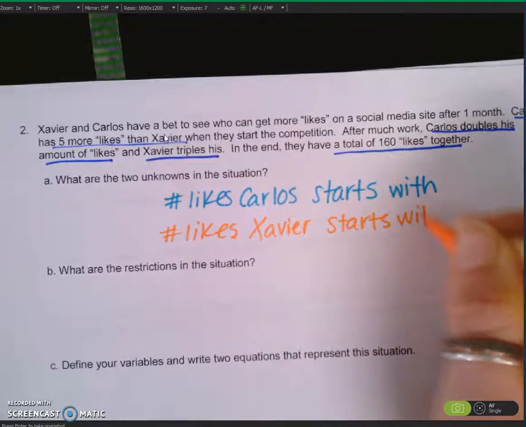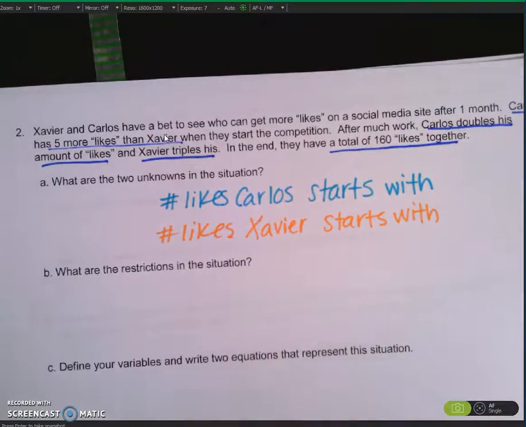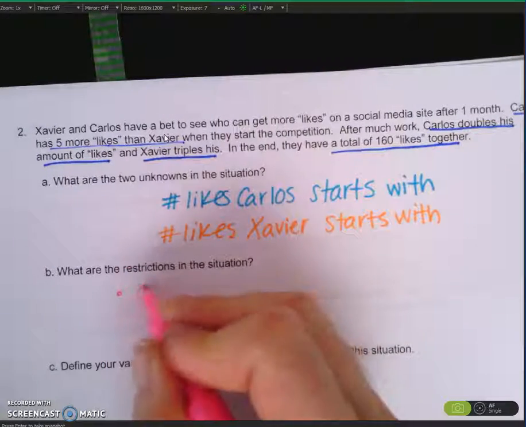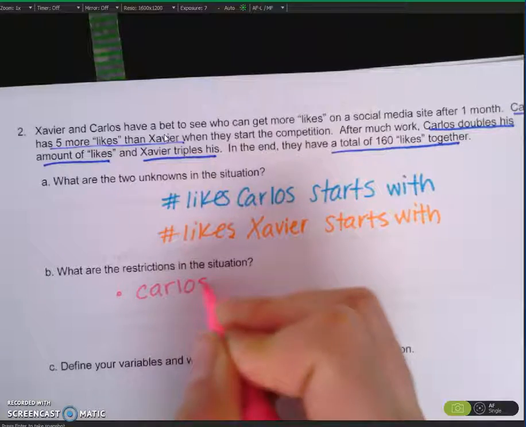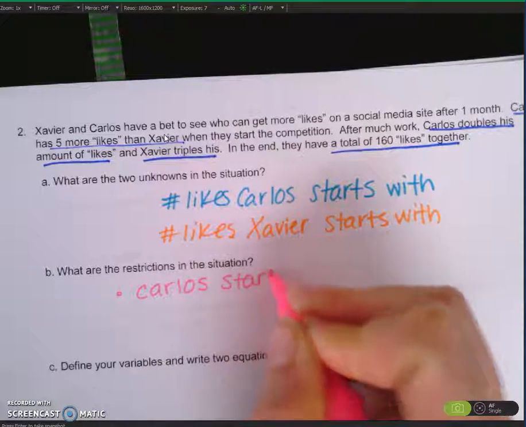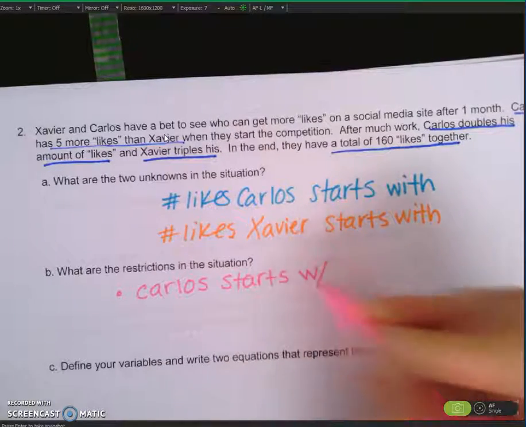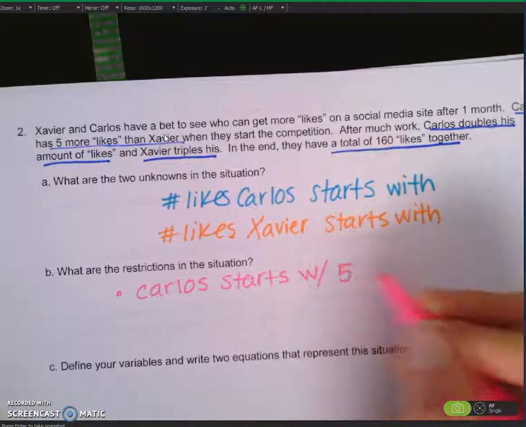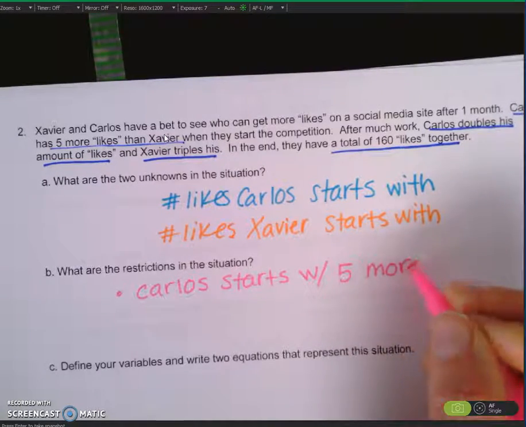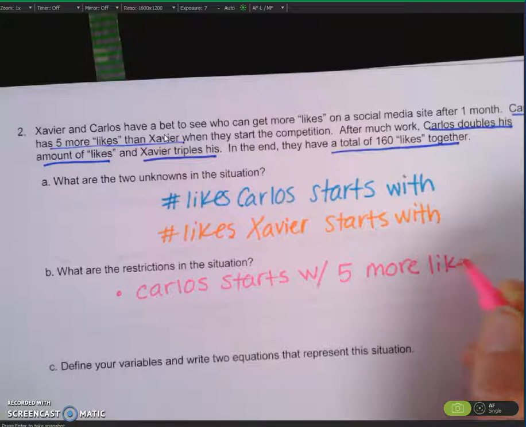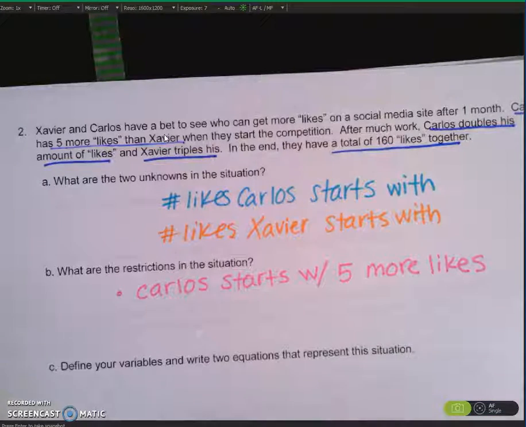Since we have 2 unknowns, we probably have 2 restrictions in this situation. One restriction is Carlos starts with how many more likes? 5 more likes. Carlos starts with 5 more likes. And another restriction, oh, I see it.